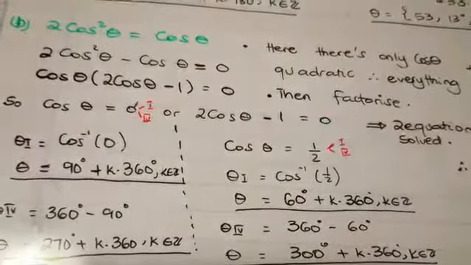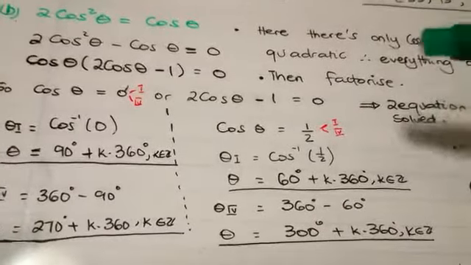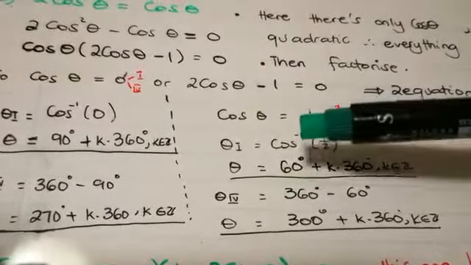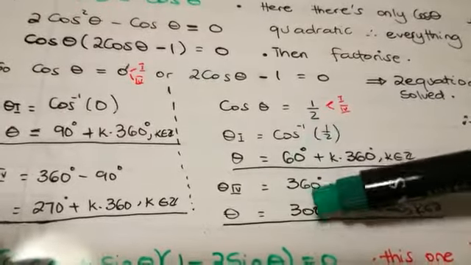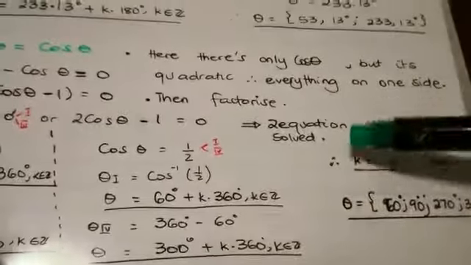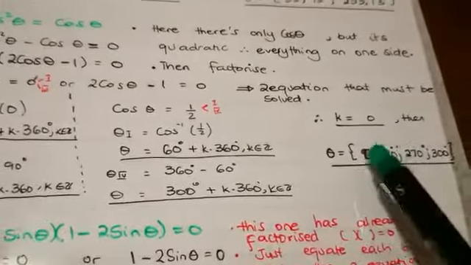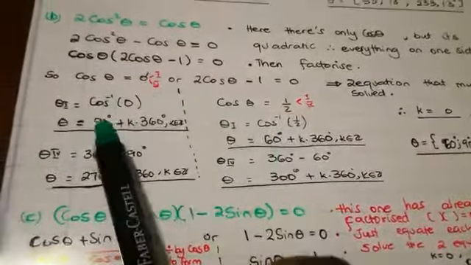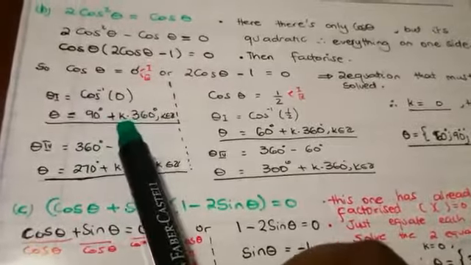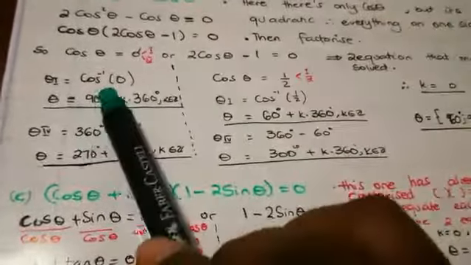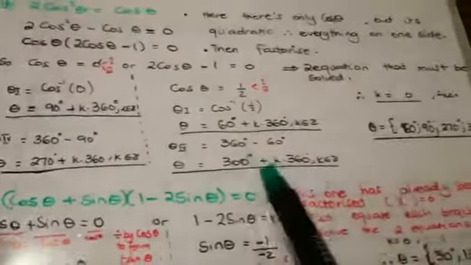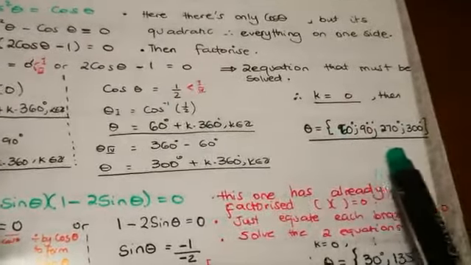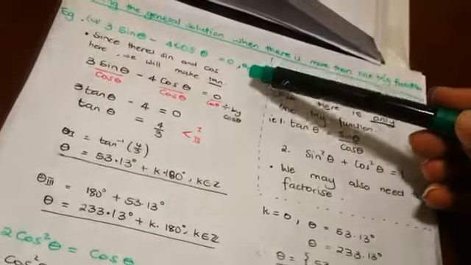When you do your solution, it's like the previous work we have done. We're not changing anything. Here I found 60 and 300. Again, because k is equal to 0, my solution from this one is going to be 60, from this one 90, because 0 times 360 is 0. So it's 90, 270, then 300. Then I have to list my solution, because I have been given the restriction.